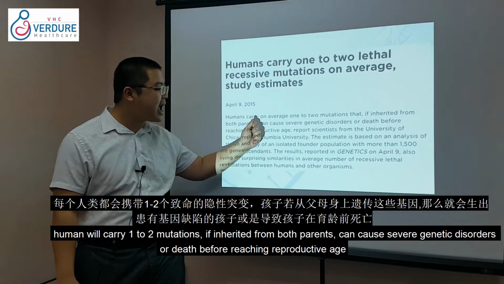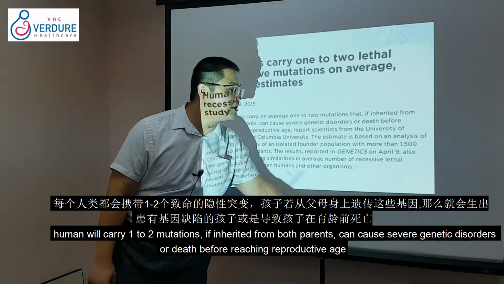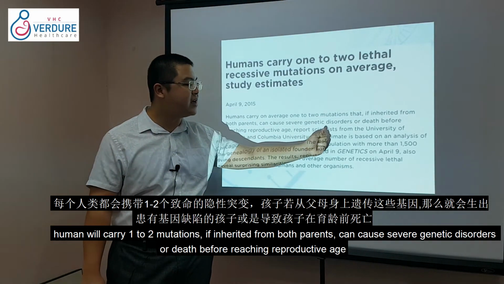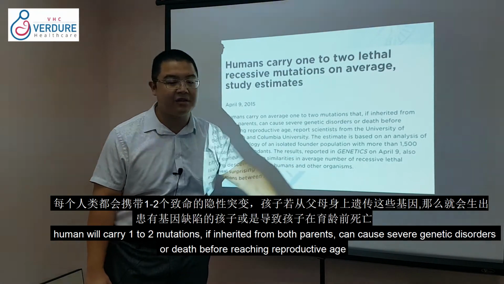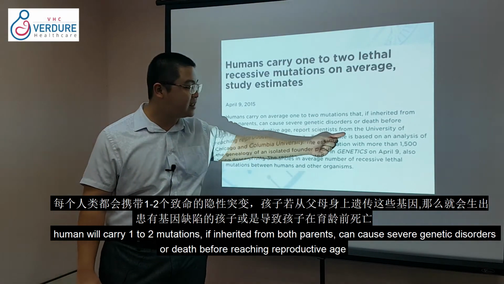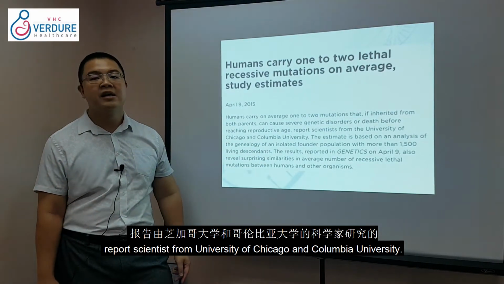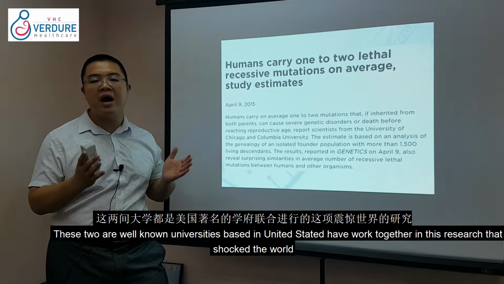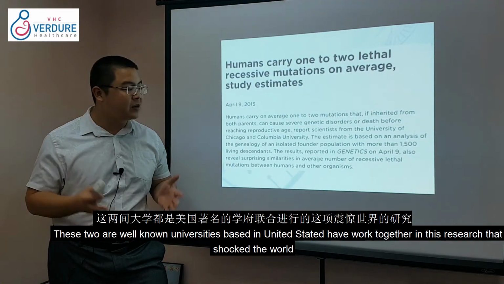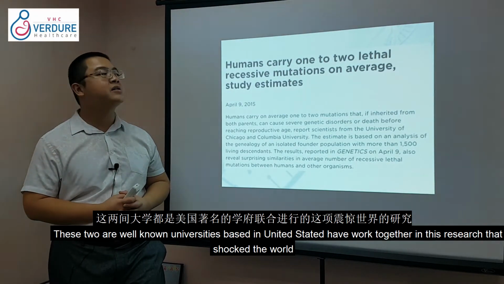So if humans carry on average 1 to 2 mutations that, if inherited from both parents, can cause severe genetic disorder or death before reaching reproductive age, report scientists from the University of Chicago and Columbia University. So these two very well-known universities based in the US have held hands together and done this research that shocked the world. All right?